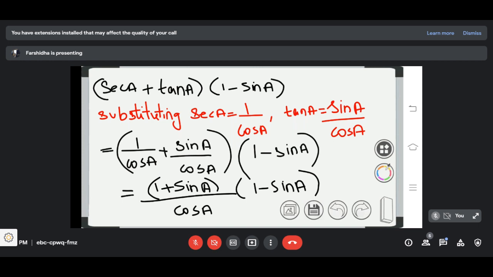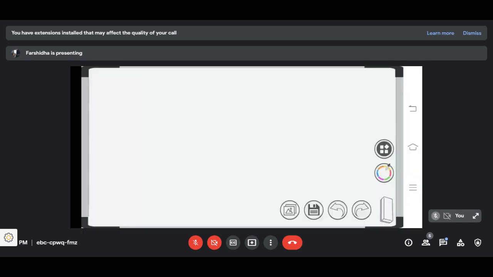So below that, write applying identity (a plus b) into (a minus b) equal to a square minus b square. You got 1 plus sin a by cos a into 1 minus sin a.